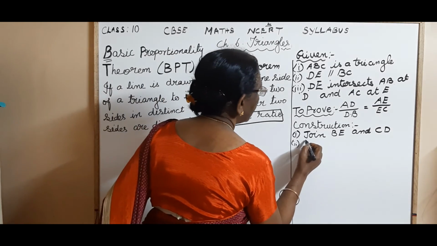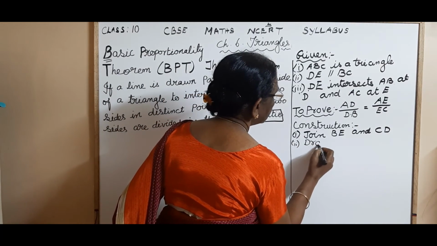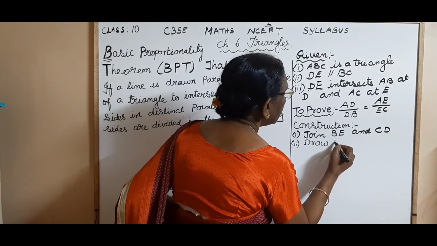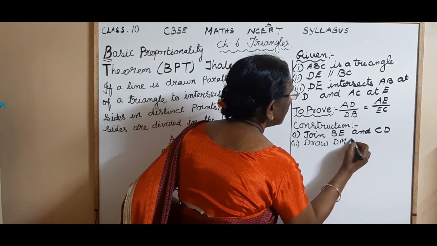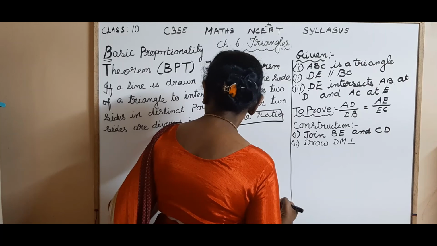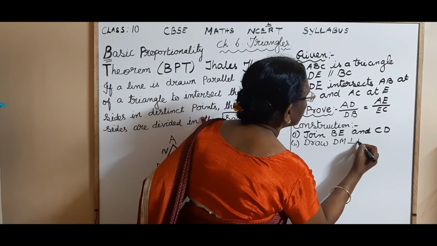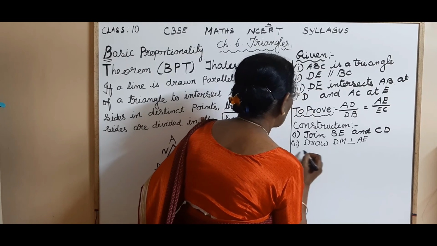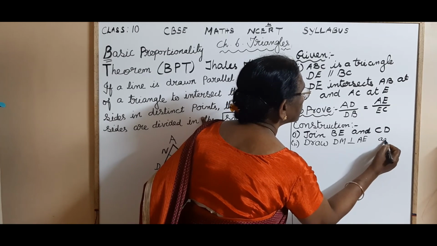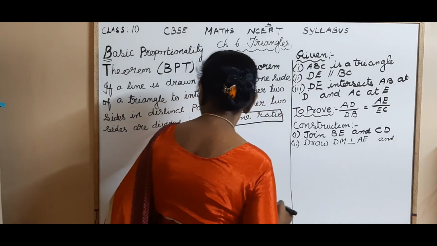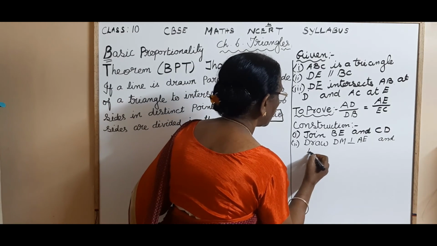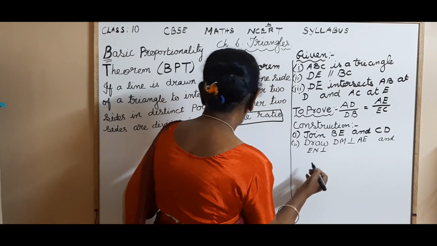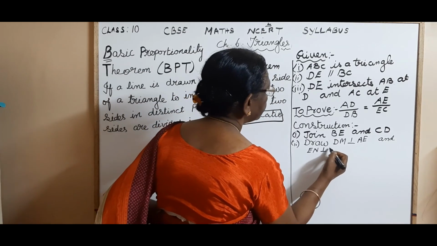So draw DM perpendicular to AE and EN perpendicular to AD.